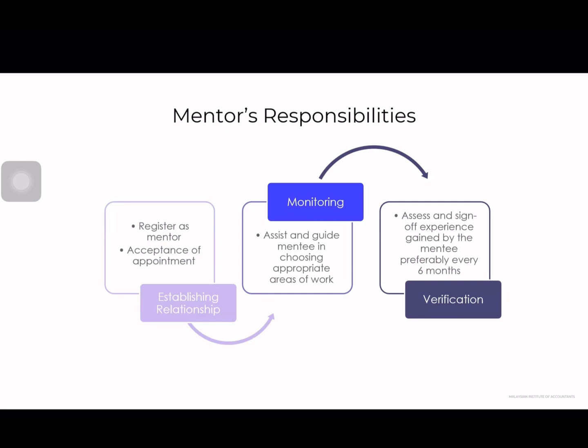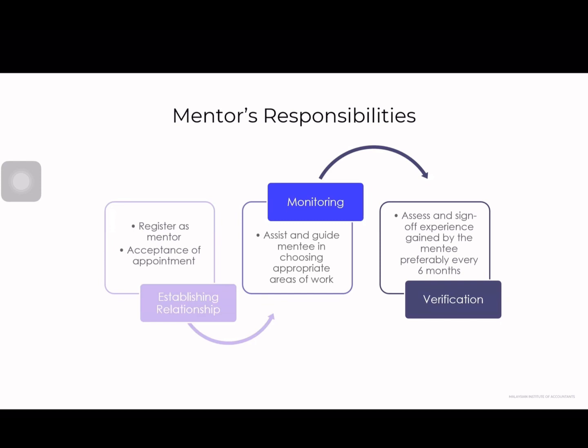Overseas students, like from China, if you have interest to work in Malaysia and apply for MIA membership, to practice in Malaysia, you have to go through this CARE program.